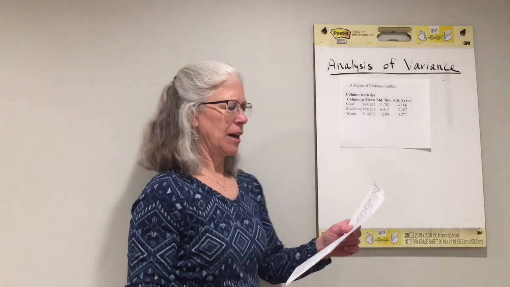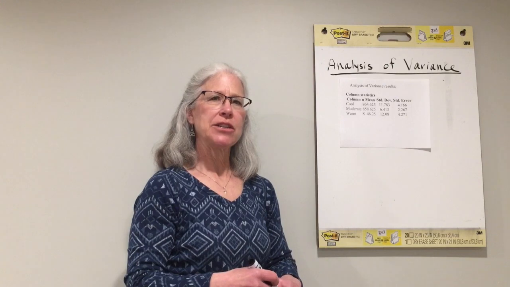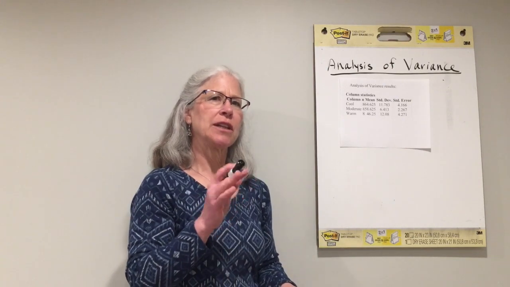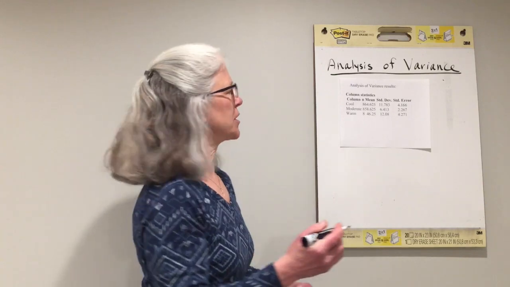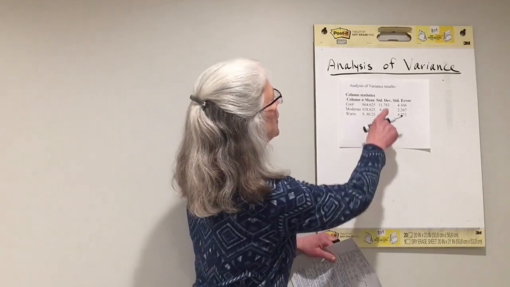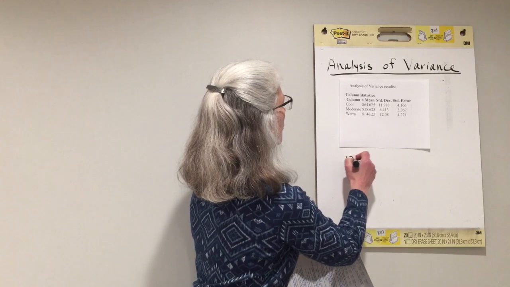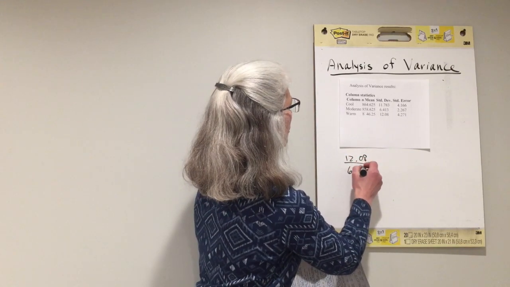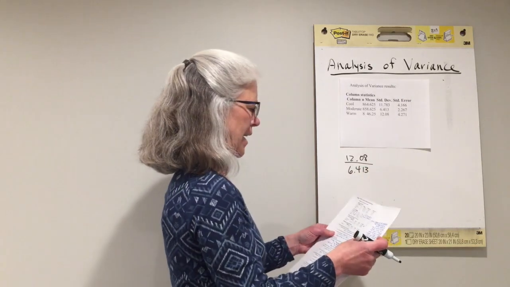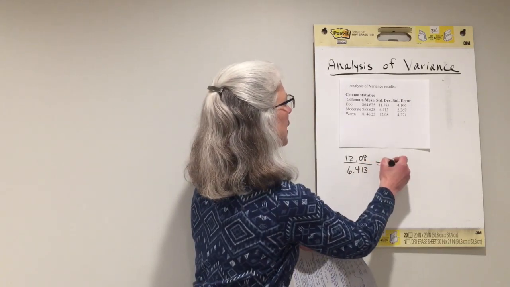And then we're going to check our assumption of equal standard deviations. Remember, we just want to make sure that they're all within a factor of 2, that none of them is more than twice another. So we're just going to find the biggest and the smallest. The biggest is 12.08. The smallest is 6.413. We divide that out and we get 1.88.